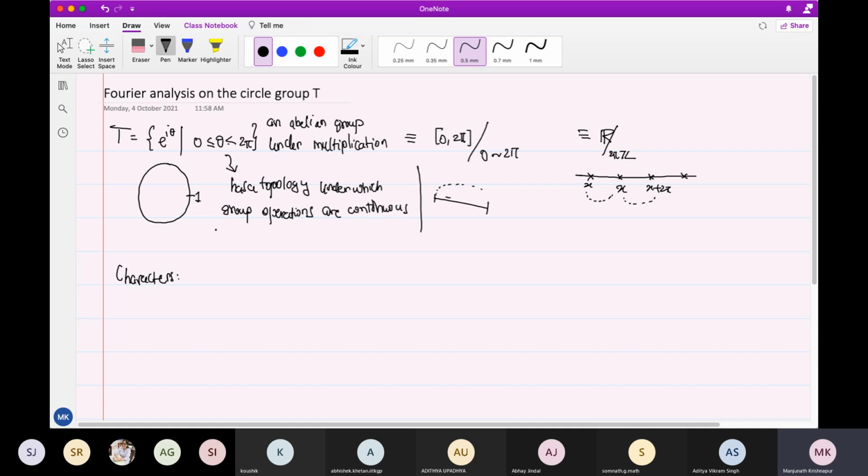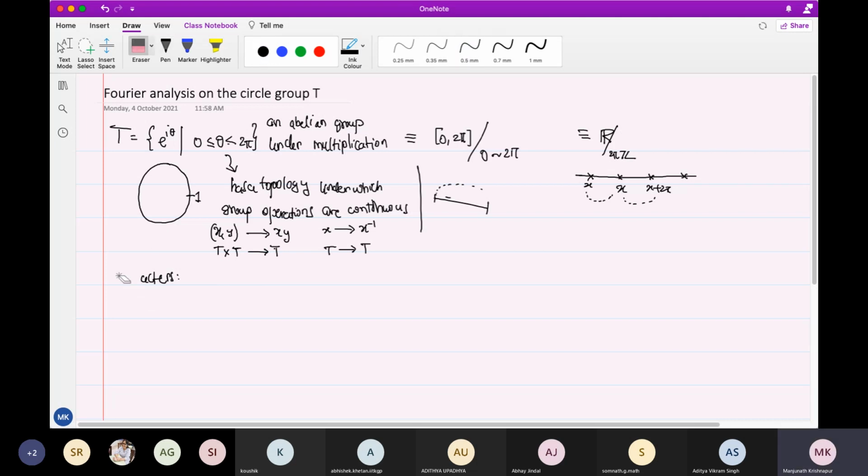So if you're sending x, y to x times y from T cross T to T, this is a continuous function, right? And what is the other operation? Taking inverse. This is another map from T to T. These are continuous. So the topology is not something independent of the group multiplication. The group multiplication is compatible with the topology in the sense that it is continuous. So that's what it is saying.